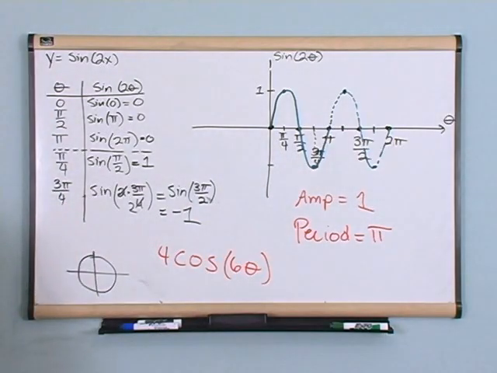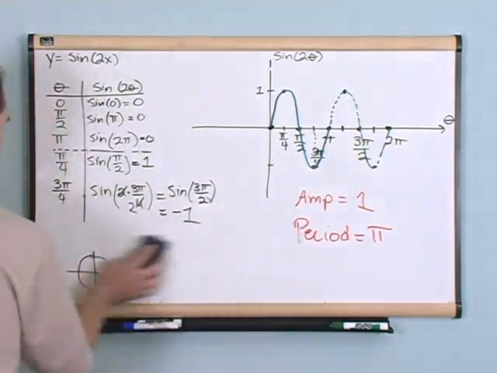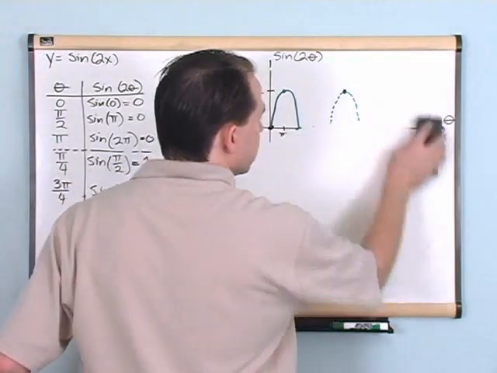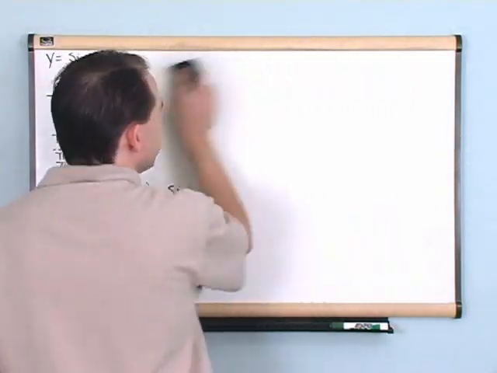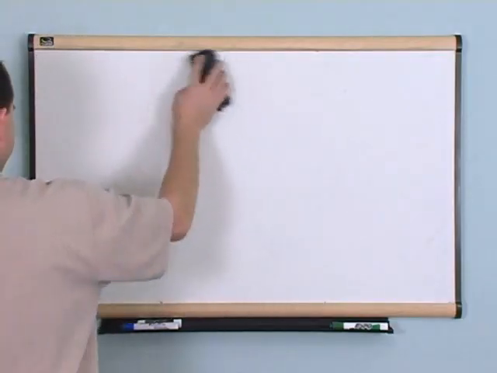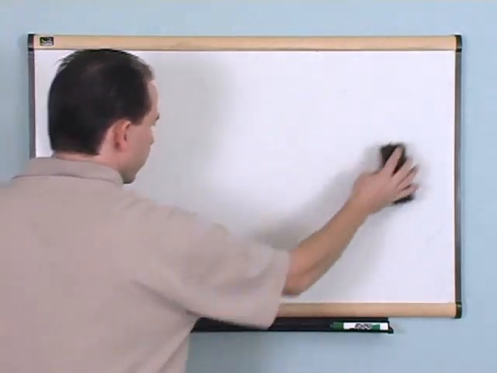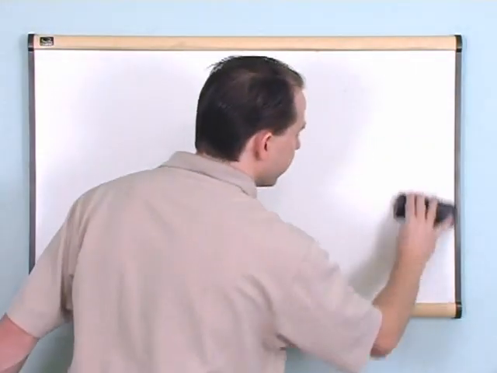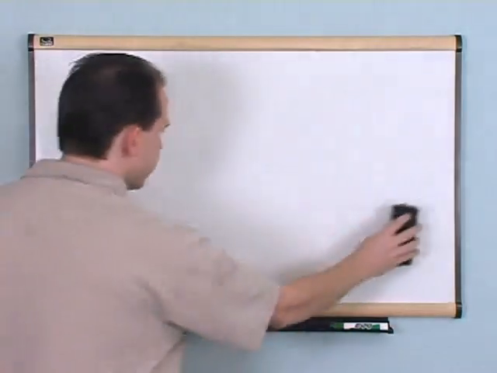Of course, you can get a graphing calculator out and convince yourself of that too, and do a plot in a matter of seconds. But I think it's useful to know where the stuff comes from, and you'll be asked to do that kind of thing on a test. I have no doubt of that.